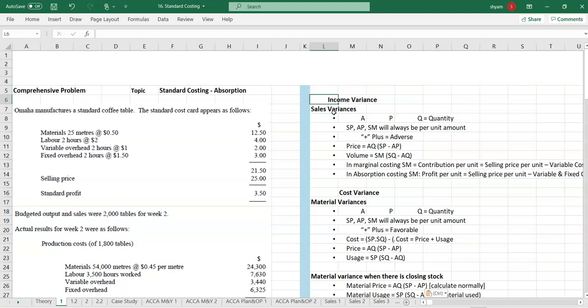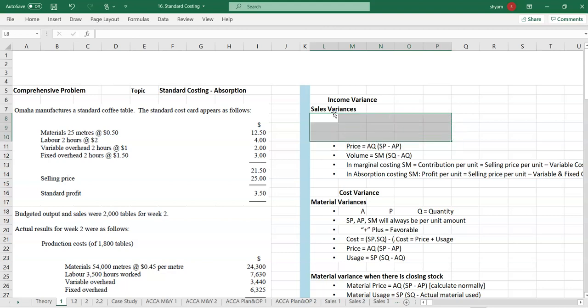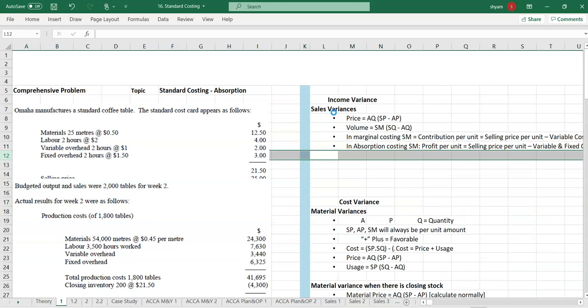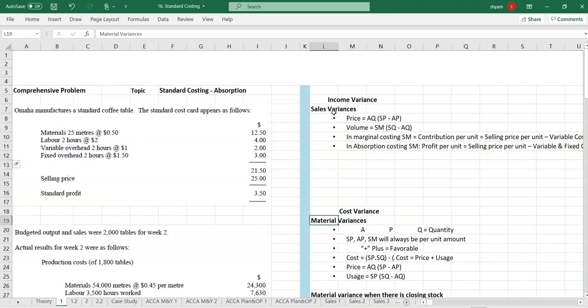Of course, we don't want the meaning or something like that. We don't want all that. Unnecessary things we'll remove.